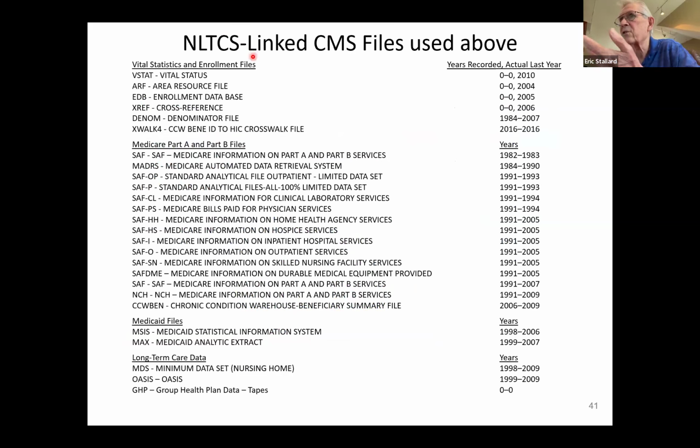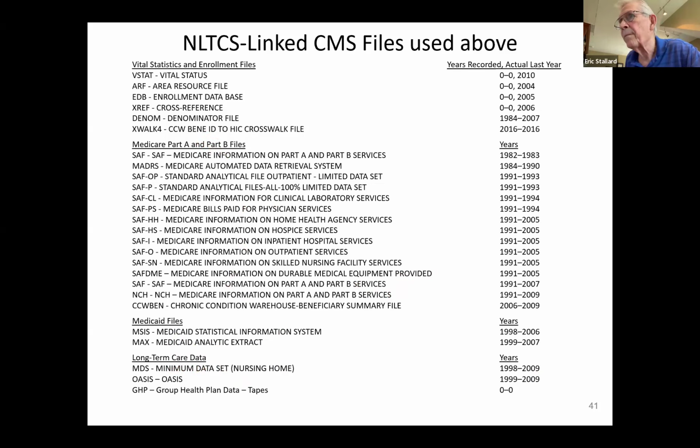This is a list of the files that we had previously, almost all of those had been released at least through 2005. We had these files updated through 2009 or 2010, depending on the specific file. We had all the Medicare A and B files, Medicaid files, and long-term care data files, and that's what we were working with.